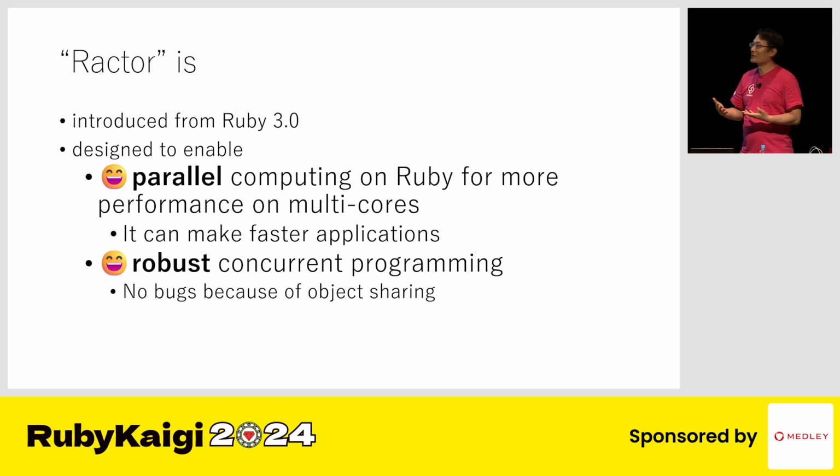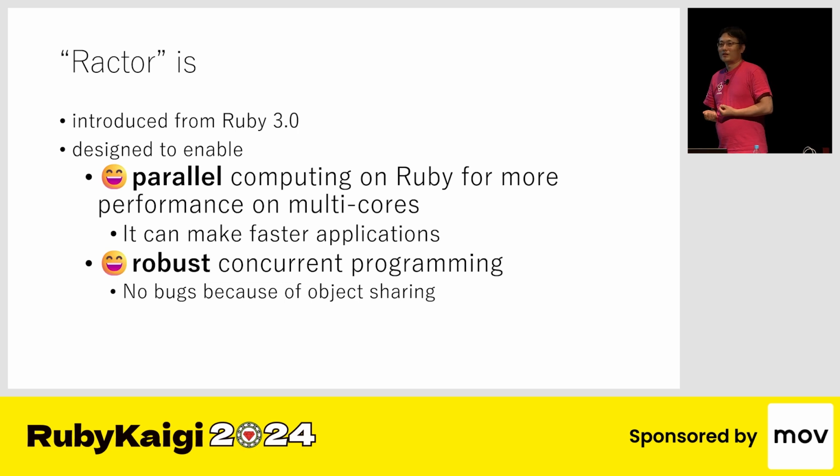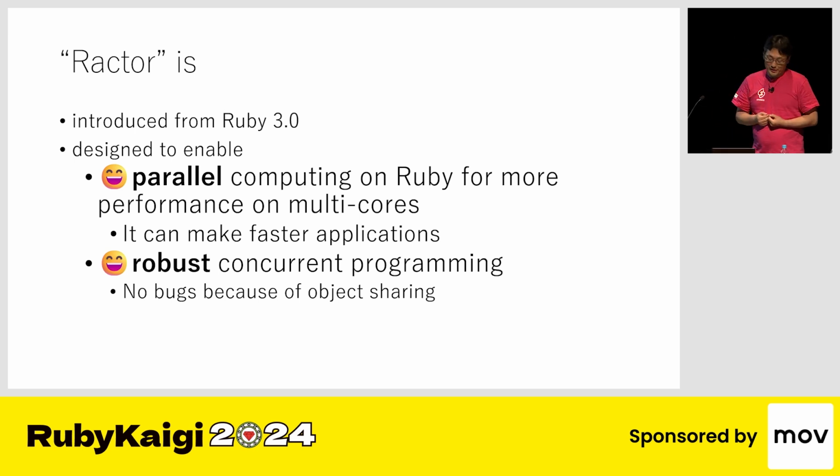I don't want to introduce such a thread programming hell. So we designed the Ractor system for robust concurrent programming. This nature makes bug-free parallel computing possible, because of no object sharing or very limited object sharing.